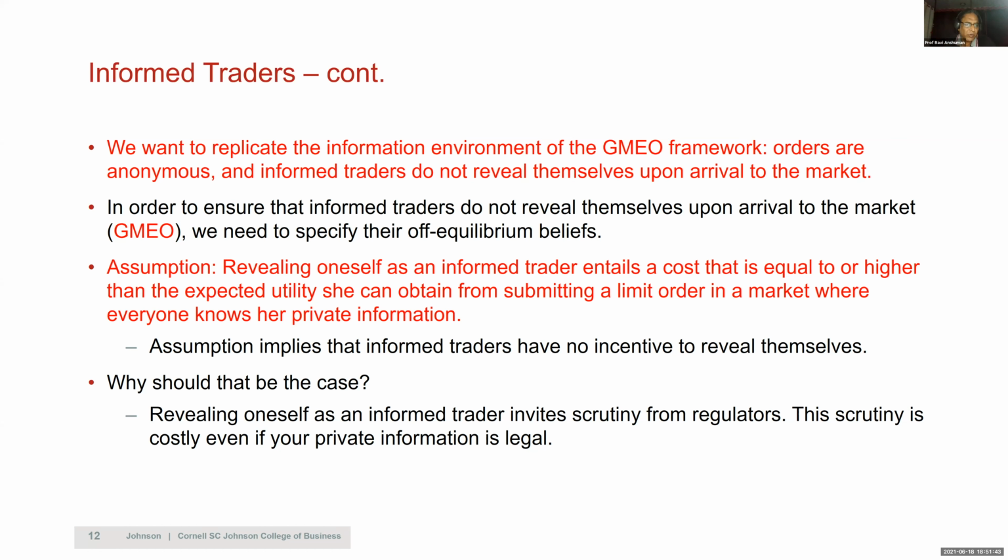Except here, they don't want to reveal because of legal problems, I mean, running into problems about informed trading. Whereas in the Kyle model, it's just optimal not to reveal too much information and to reveal it in a progressive way. In some sense, you can say in the Kyle model it's also assumed, right? Because you basically assume that if you revealed all your information, prices adjust immediately, right?